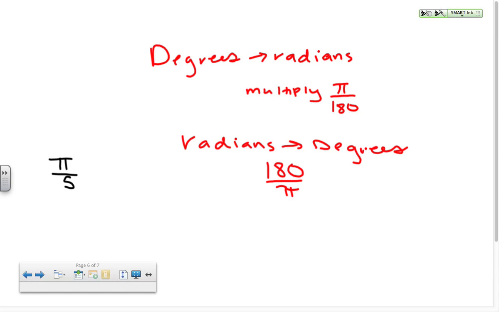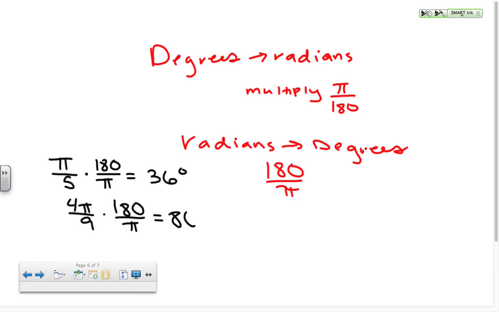So I'm going to multiply by 180 over pi, and that's going to give me 36 degrees. Now, let's say I want to do 4 pi over 9. Okay, I'm going to multiply again by 180 over pi, and that gives me 80 degrees. Calculator stuff, seriously, use your calculators to do these.